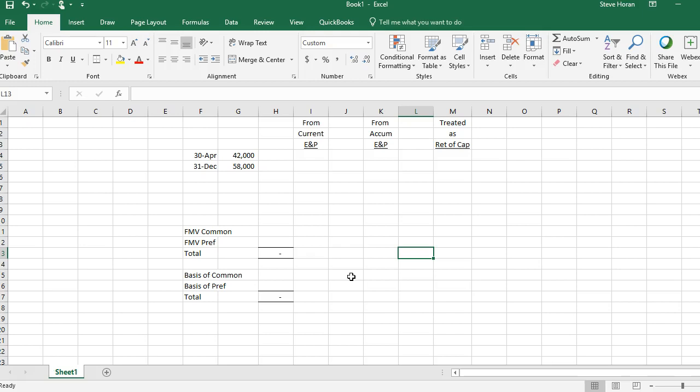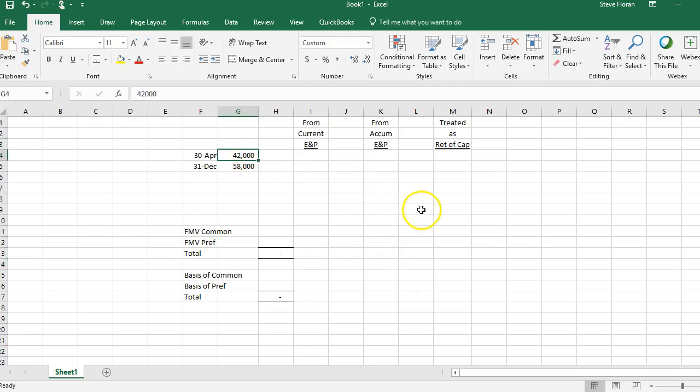Rondell makes 2 distributions to shareholders during the year: a total of 42,000, 21,000 each to Elizabeth and Jonathan on April 30, and then a total of 58,000, 29,000 each to Jonathan and Marshall on December 31. The question is to determine the allocation of the distributions by completing the table below, and assume the shareholders have sufficient basis in their stock for any amount that is treated as return of capital.